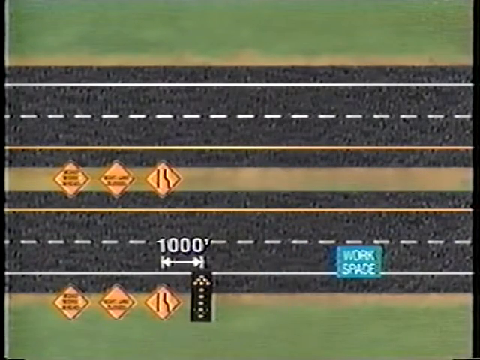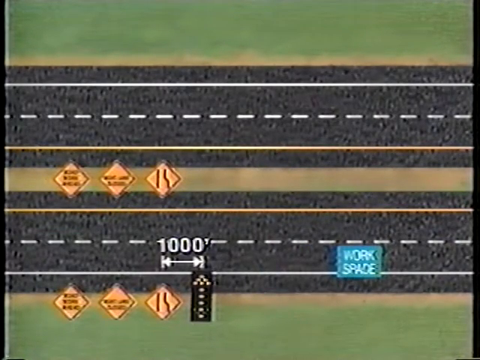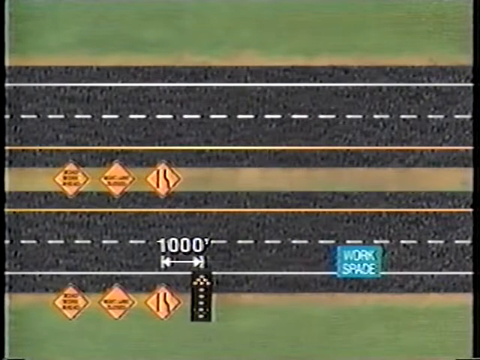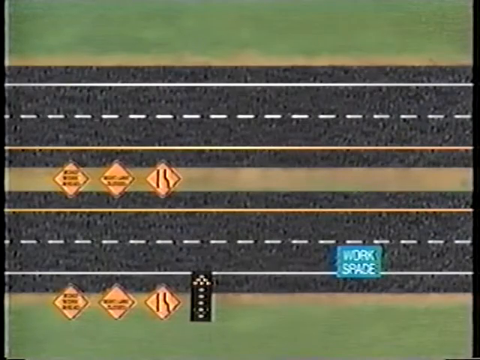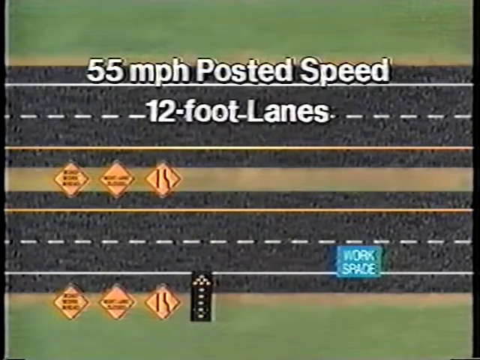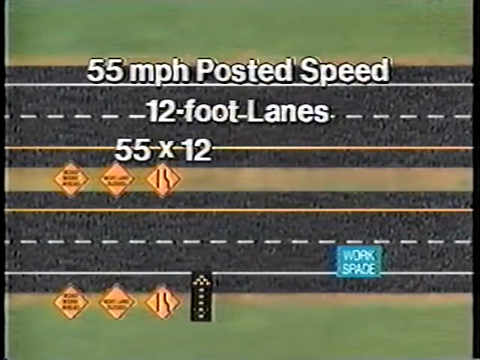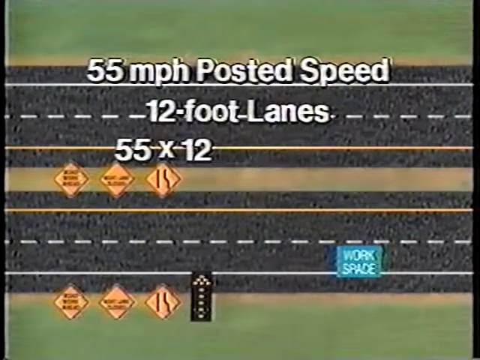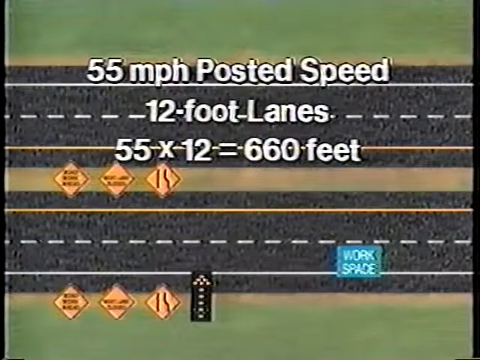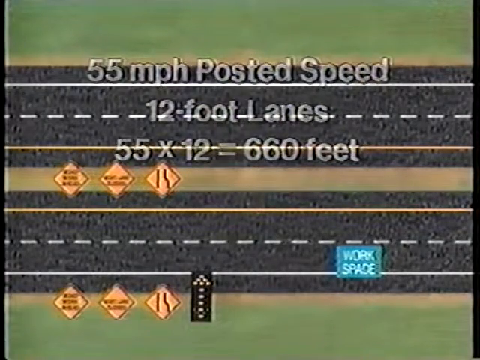When setting up the taper, it is good practice to place your work vehicle or advance warning arrow display before the start of the taper for added protection. With a 55-mile-per-hour posted speed and 12-foot lanes, the taper should be 55 times 12 or 660 feet long.